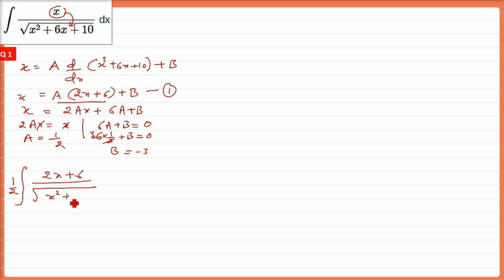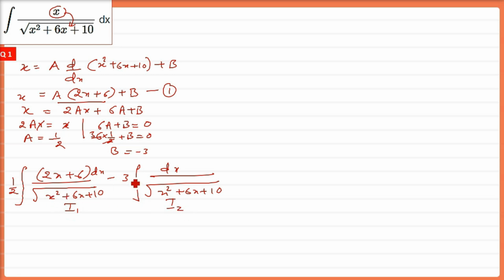And b, which is negative 3, and there is nothing else here, so it will simply be dx by under root x square plus 6x plus 10. So we have these two terms now. We'll call the first I1 and this I2.